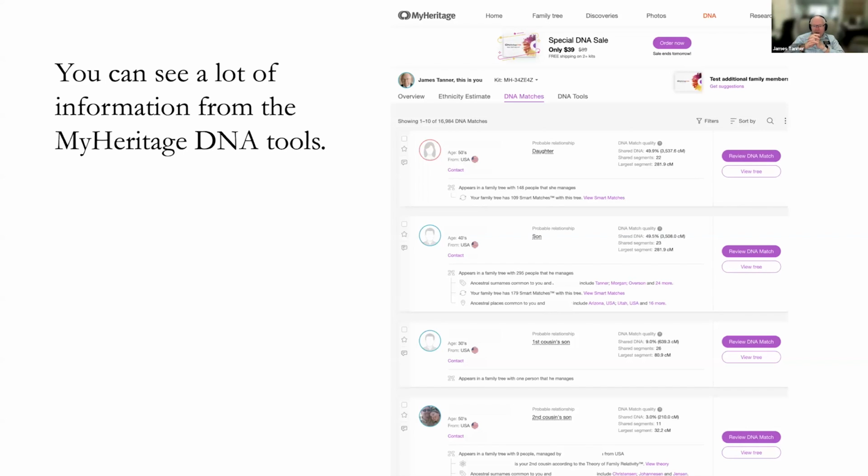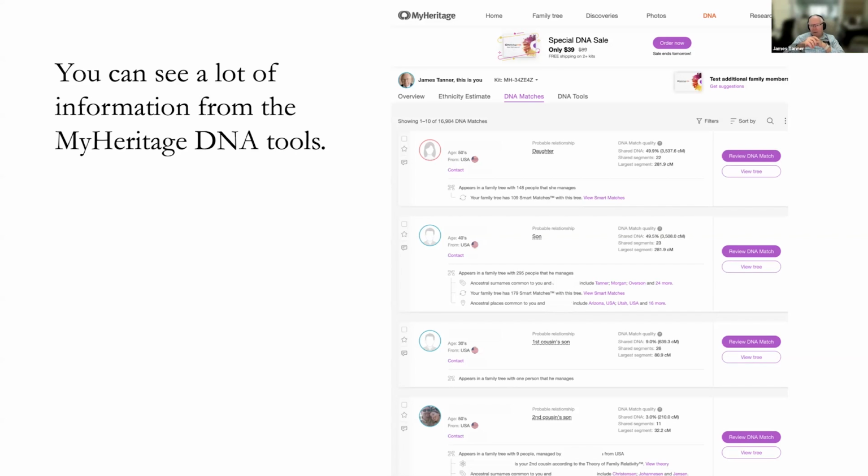Now, one of the things that you'll see is a reference to cM on all of the DNA matches, and that's called centimorgans, and that's a statistical difference, meaning a percentage difference between two different markers on your DNA. That's not a complete explanation, but it is essentially what it is.